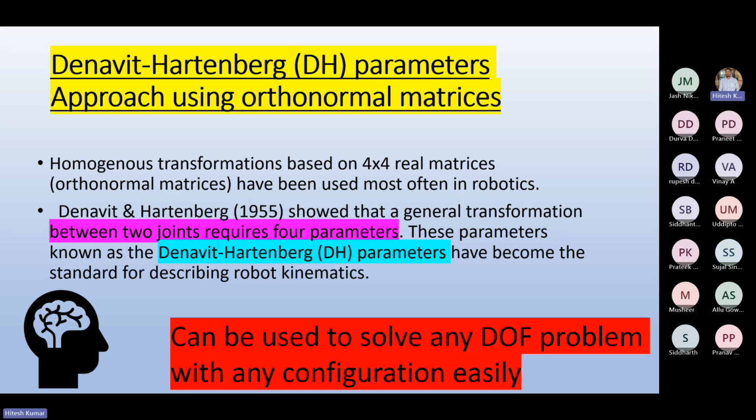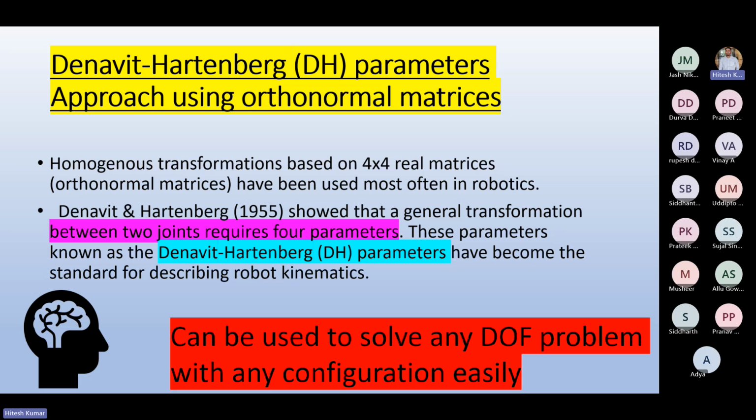Okay. So there are four parameters, not four variables, I think four constants, taken between two joints. Those parameters will be used to calculate the positions of the joints, and that will lead to the position of the end effectors.